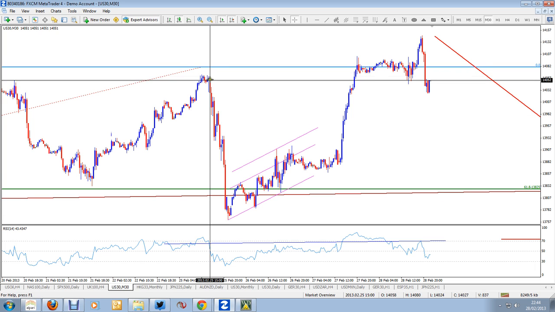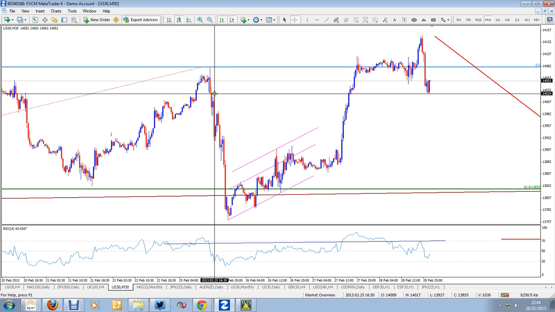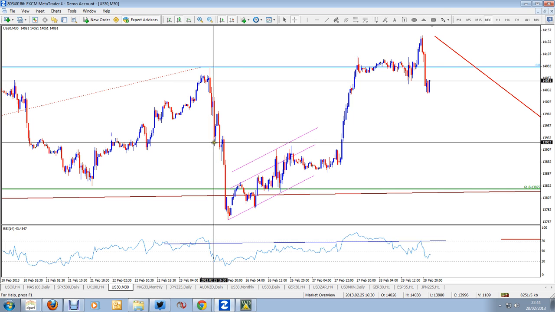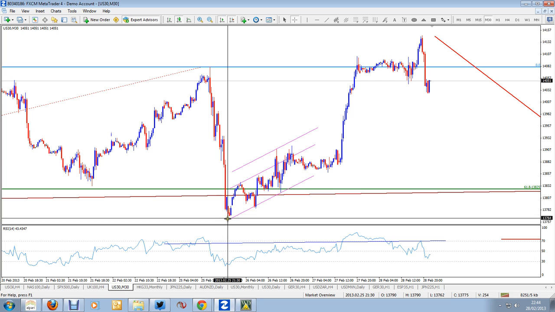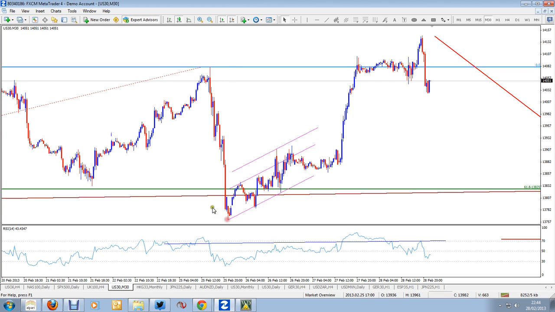You can see the first one here dropped down, so up to here is A, B, C to give us wave A, we're back, and then another A, B, C to the downside.